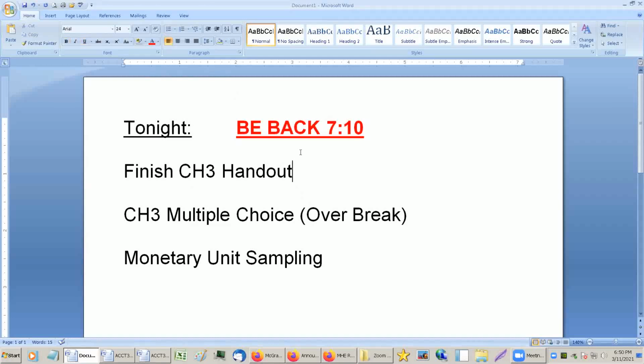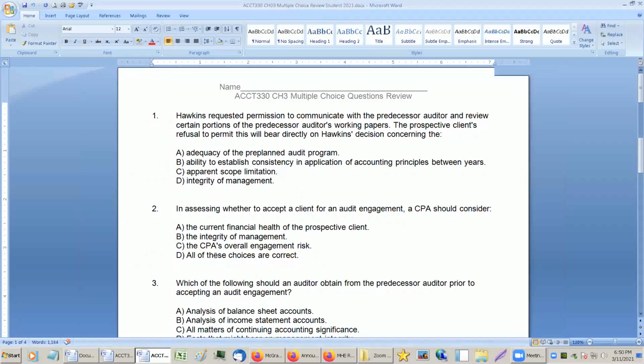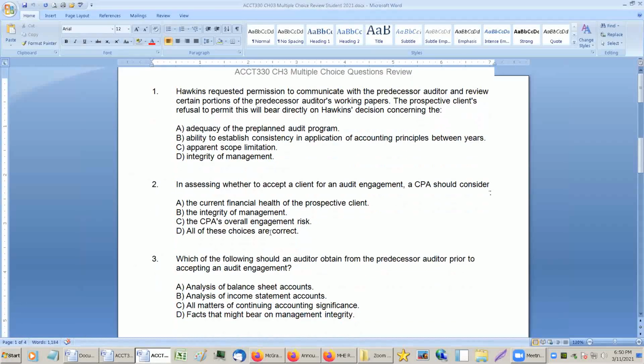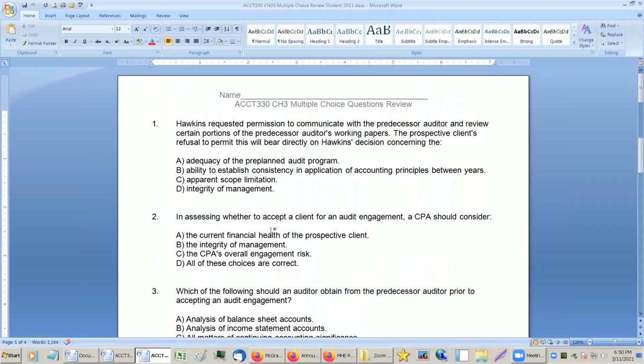So do the multiple choice questions now for the handout. And by the way, these are all anonymous, so don't be afraid of putting the wrong thing in.